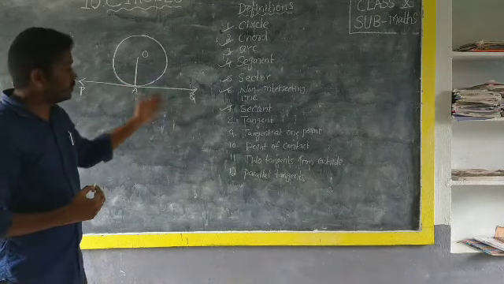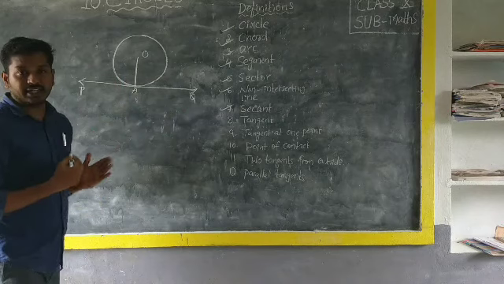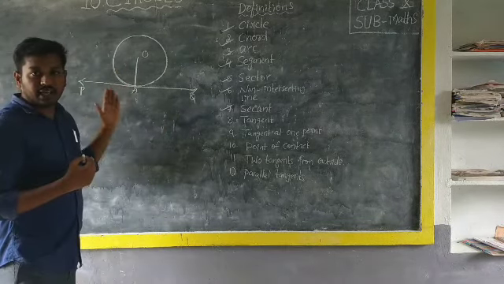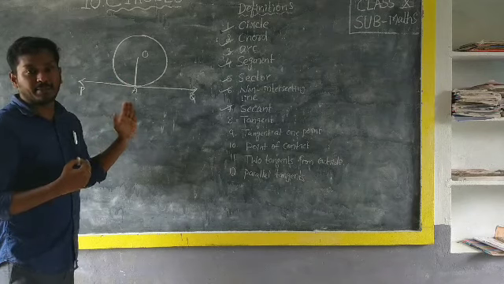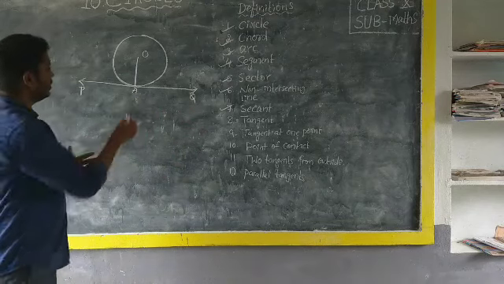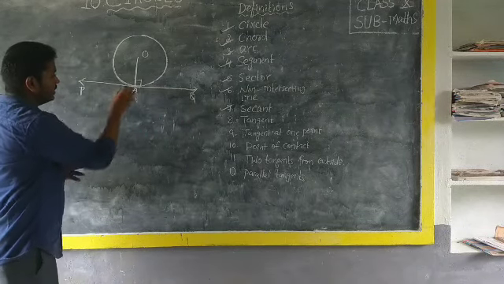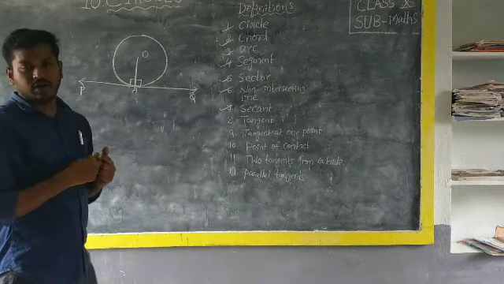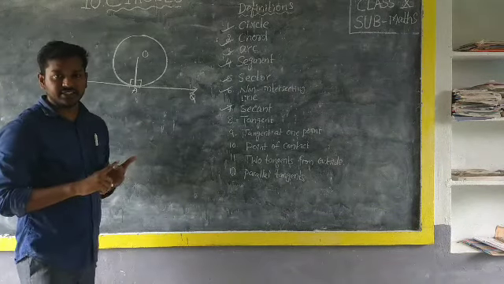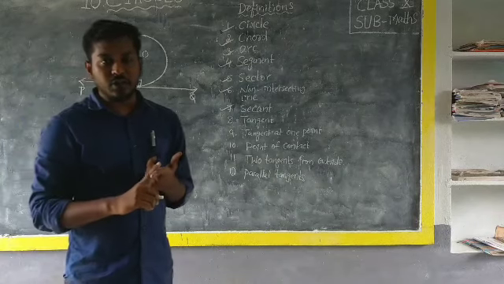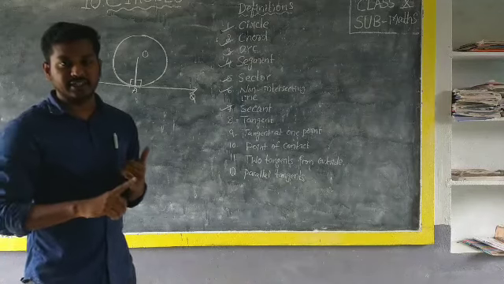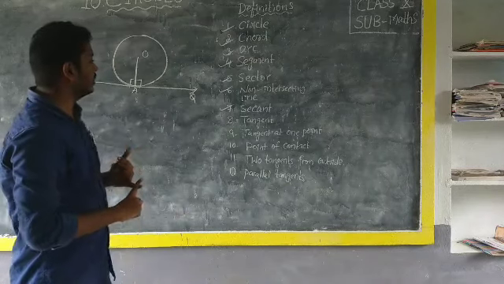In a circle, the radius OA and the tangent are perpendicular to each other. That means here it is 90 degrees. You have to remember this point: tangent and radius are perpendicular to each other.